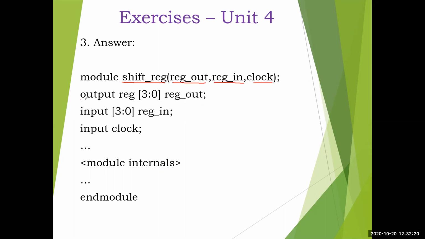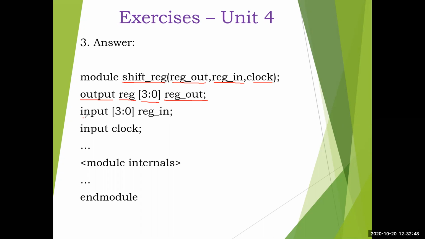Output can normally be declared as net or wire. If you do not declare it as a register, it will be declared as a wire by default. Since it is a shift register, it should hold a value, so it should be declared as a register. In a single line you can do it, and it is a 4-bit vector, so [3:0], and the name of the variable is register out.